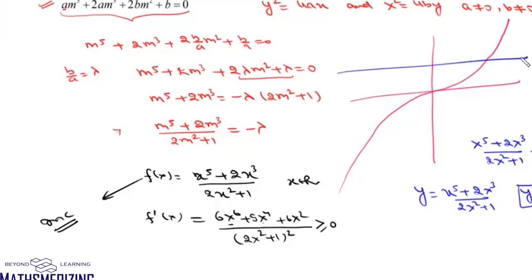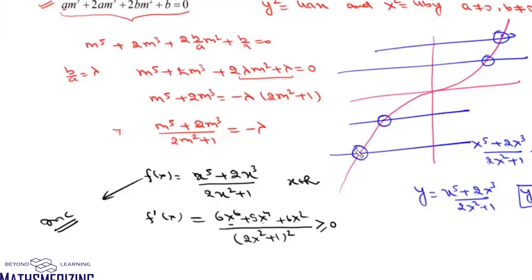If I draw this straight line, it will intersect the graph at only one point. So there'll be no other point of intersection. So even though this is an equation of degree 5, it cannot have 5 real roots.